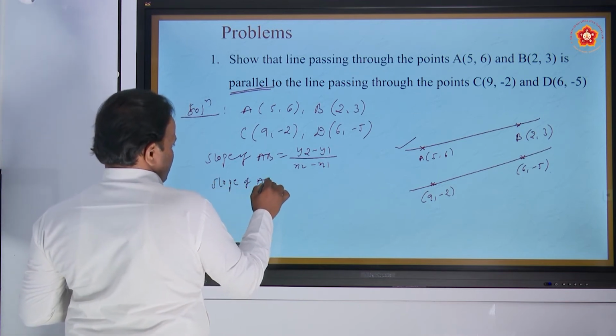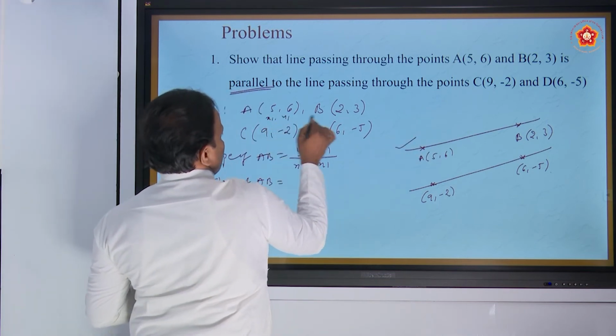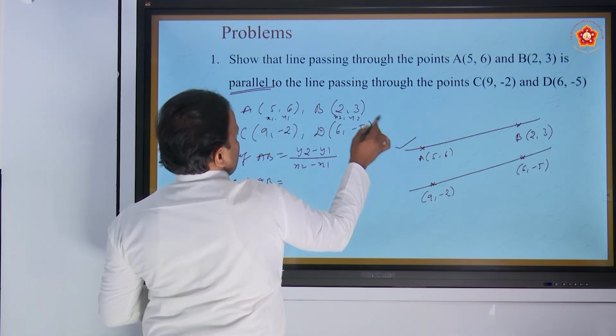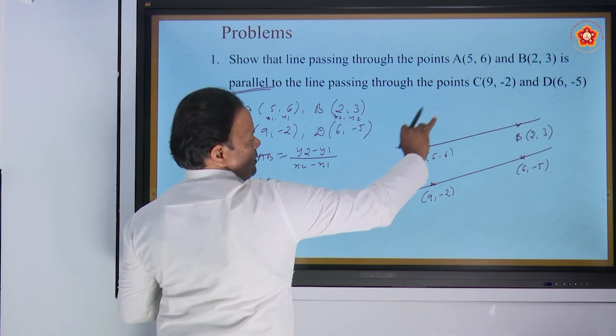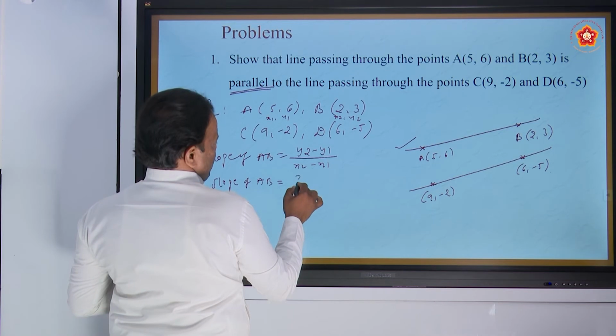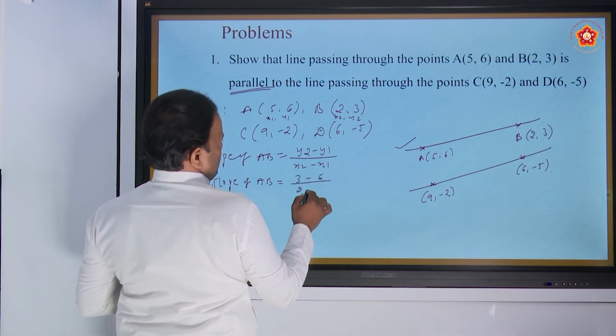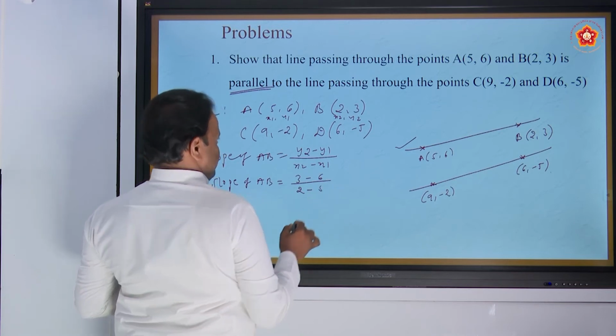Slope of AB is equal to, with x1, y1, x2, y2, substituting the values here: 3 minus 6 divided by 2 minus 5.